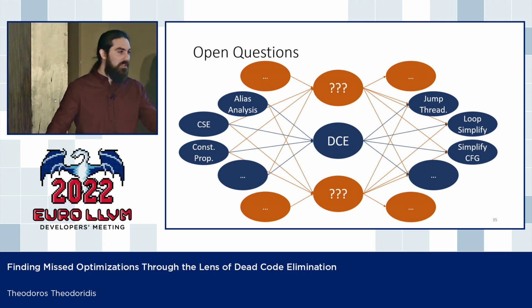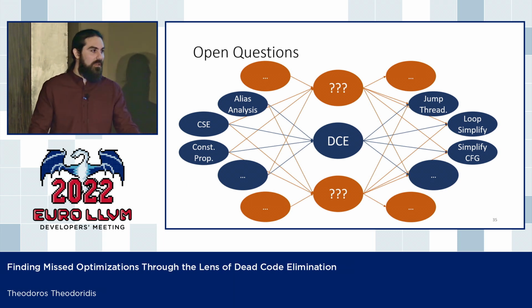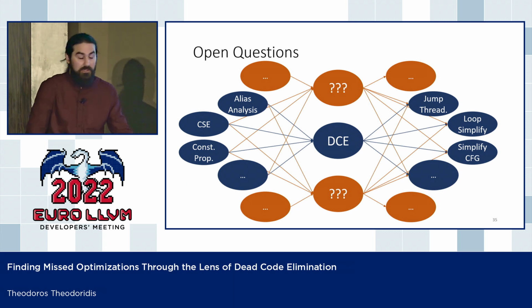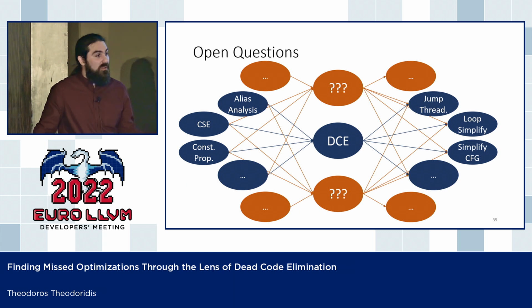So if compiler A believes that an integer variable takes values from 1 to 5, and another compiler thinks that it takes values from 1 to 10, since the first compiler is more precise, then maybe it is doing a better job. But the question is, what are these other components? Or how can we slightly modify parts of a compiler so that they emit such useful information that we can use for automated testing?